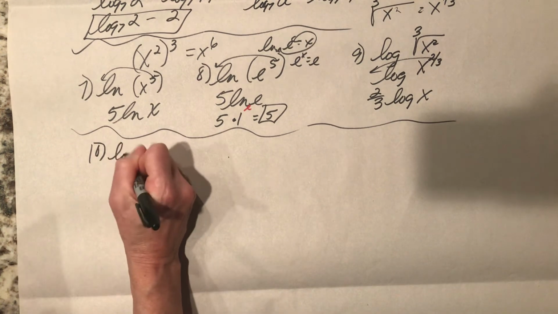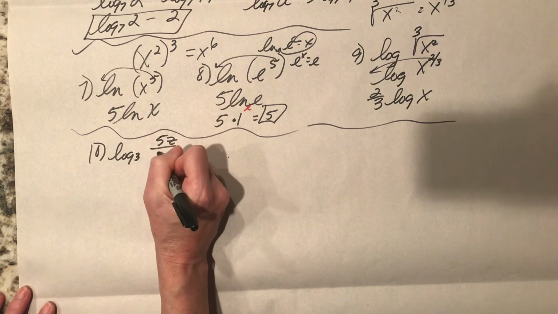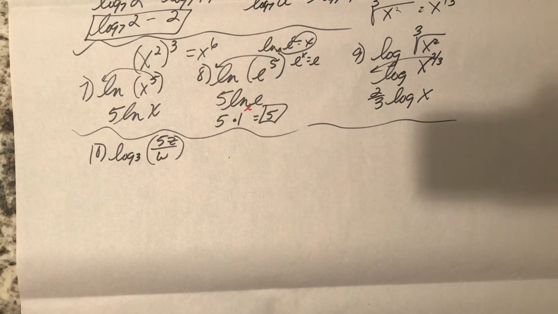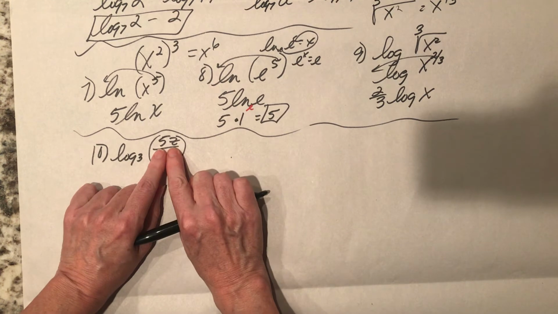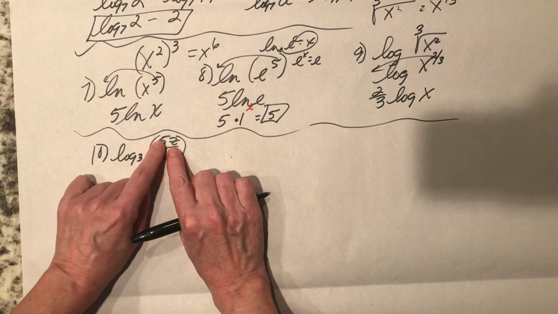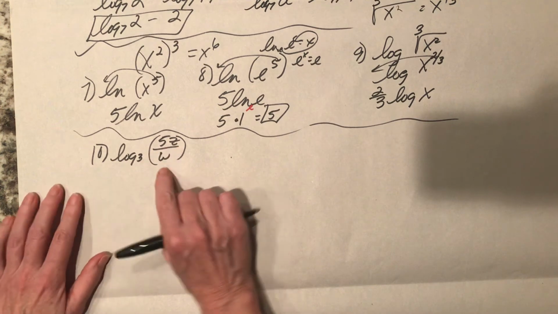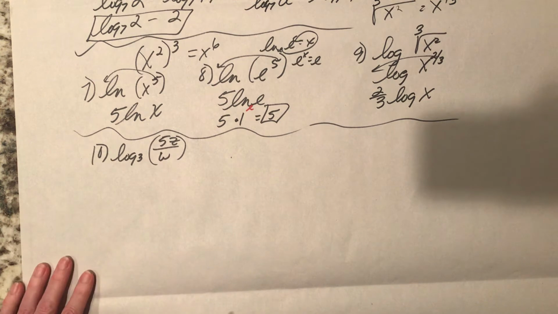We've got log base 3 of 5z over w. Got parentheses around that because it's got more than one thing we're taking the log of. All right, let's see what we've got here. This is a multiplication, so we're going to say log base 3 of 5 plus log base 3 of z. And then we're going to be dividing, so we're going to subtract log base 3 of w.